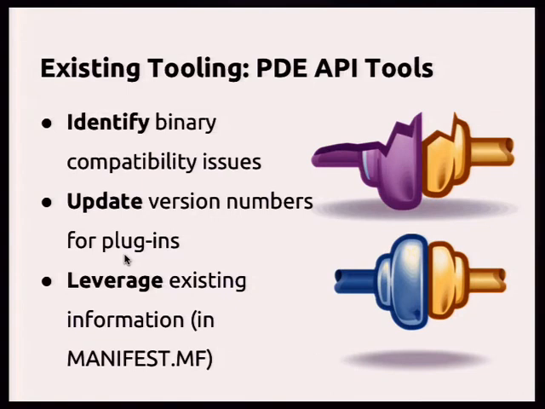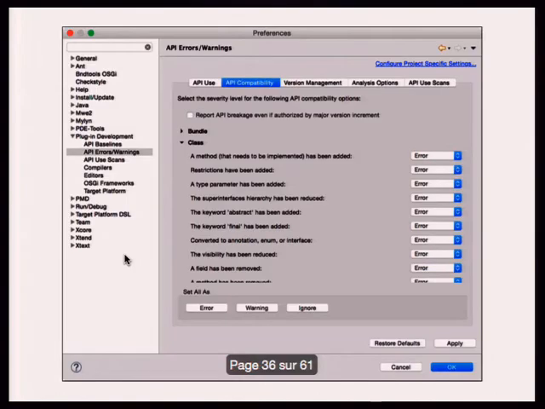There is already some tooling within PDE to help you handle those semantic versions. It's called PDE API Tools. It helps you identify binary compatibility issues, update the version of your plugins, so the version in your bundle manifest, and also reuse that information. All of these features are configurable.